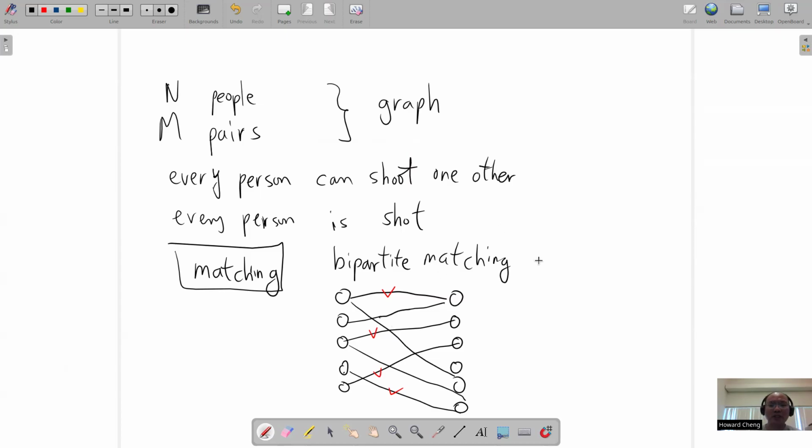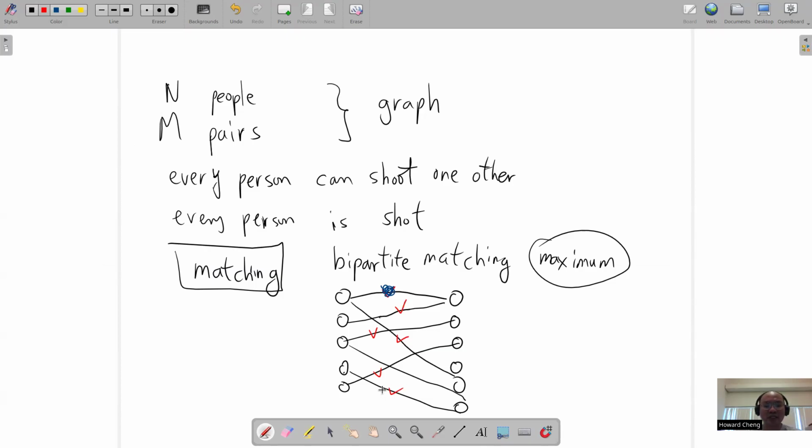And what you want is a maximum bipartite matching, which is to find the largest number of edges so that no edges will touch a vertex twice. So in this case, I chose 4 edges. It is not the maximum because I could have not chosen this, but instead chosen this one, and now I have chosen 5 edges.